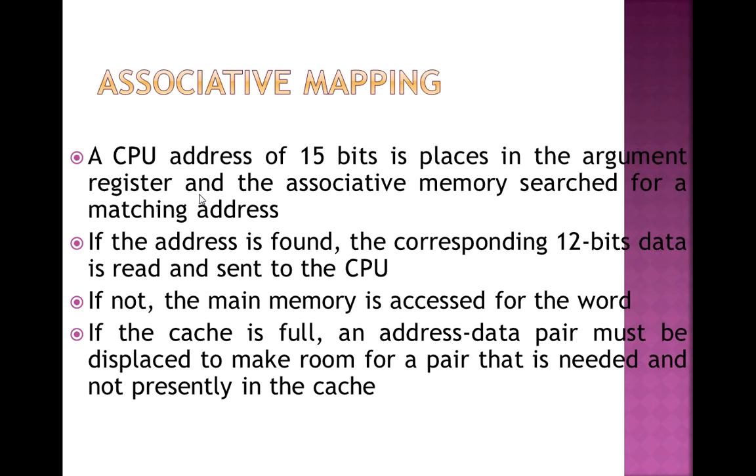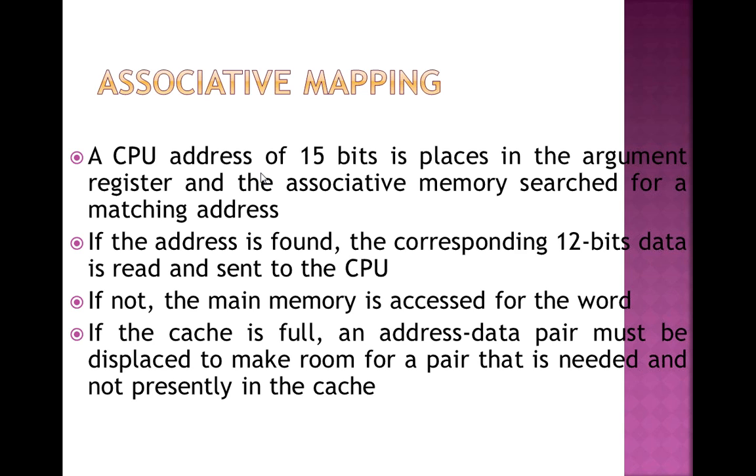If not, the main memory is accessed for the word. That is, if the address is found in the cache memory, then the 12 bits are fetched from the memory and executed by the CPU. If it is not found in the cache memory, the main memory is approached for the word.